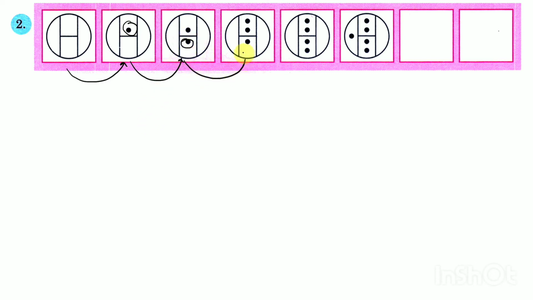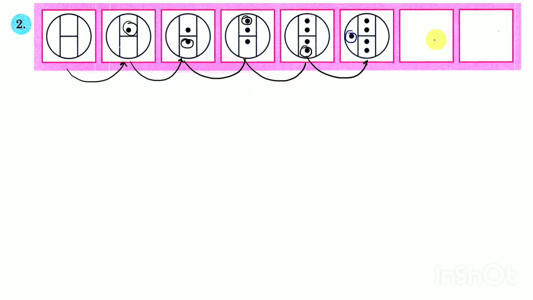Moving next, again the opposite direction, here. On moving next, there is an increase in a black dot on its opposite side. On moving here, there is an increase in a black dot in this position, that is on our left side. So we are seeing that there is an increase in black dots in alternate or opposite positions.